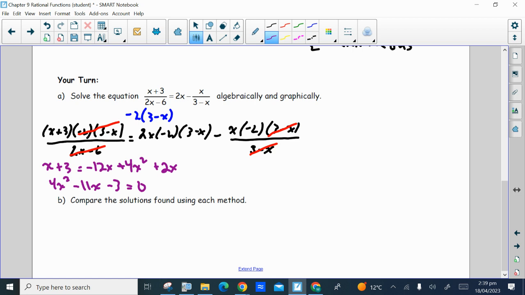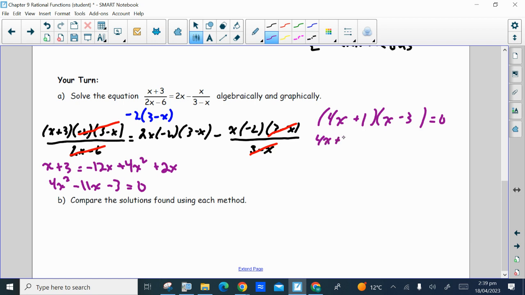It's not factorable. Or is it? Yeah, it is actually. So negative 3 there and plus 1 there. The front terms multiply to get 4x squared. The outer product's negative 12x, the inner plus 1x gives us our negative 11x, and we have the minus 3 on the end.